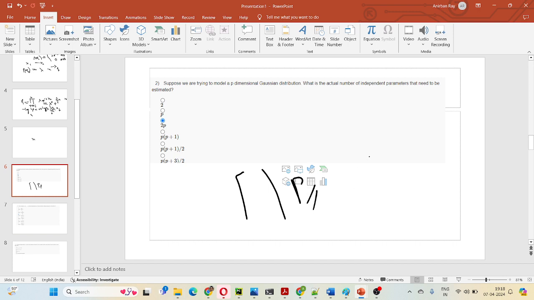Now you have the covariance matrix as well, so let me explain it a little.